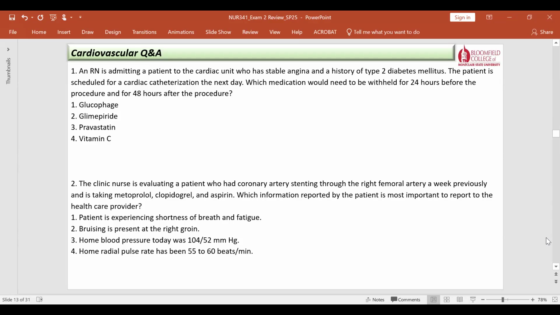Let's take some time to go over the questions, because you have the content and the recorded lectures, and you can go over the slides. This will be more application questions, applying what you have learned from the content into clinical scenarios, which is the best way to test your knowledge and provide rationales.